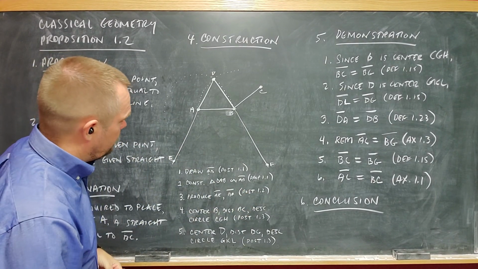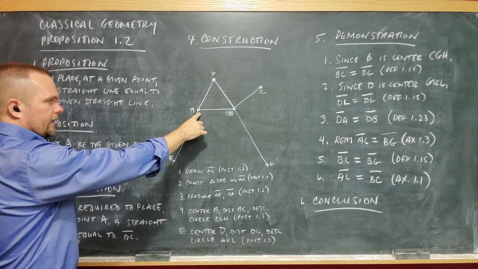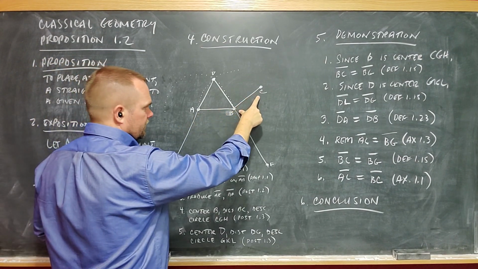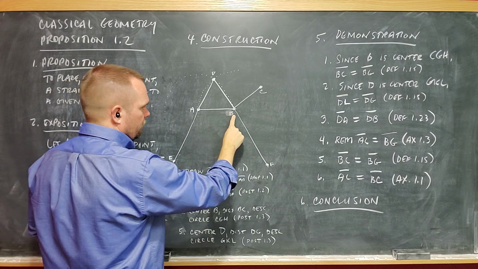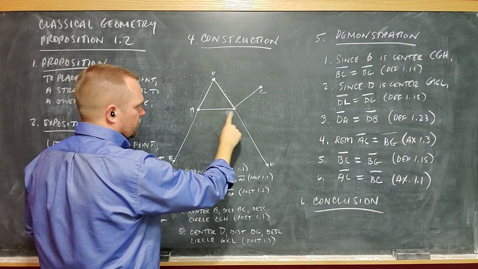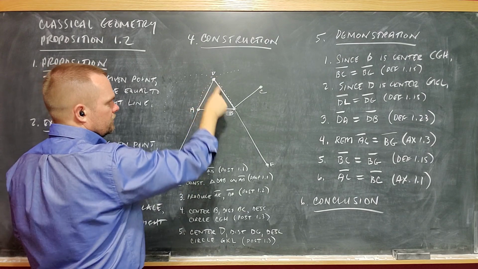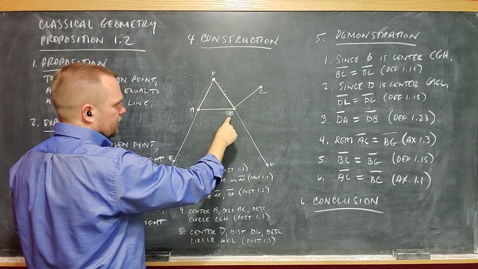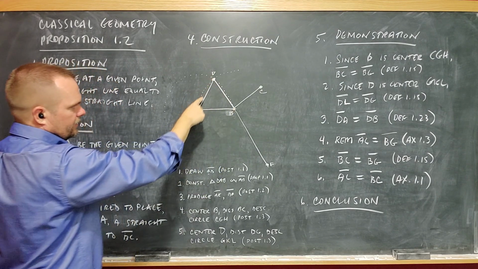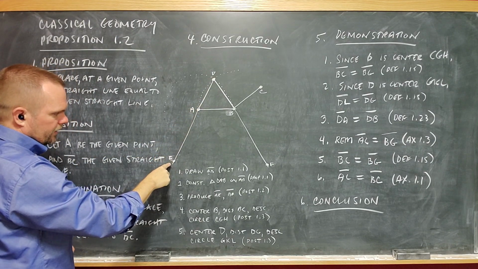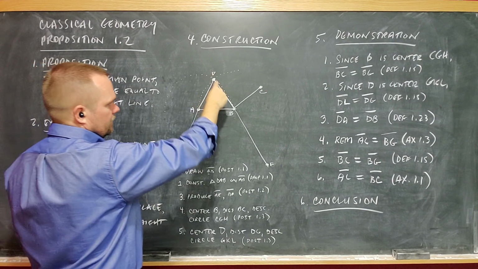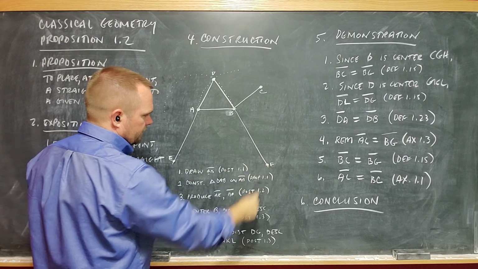So we started with point A and straight line BC. We connected points A and B to form the straight line AB, and then we constructed an equilateral triangle DAB on line AB. We then extended line DA out to point E, and we extended line DB out to point F.